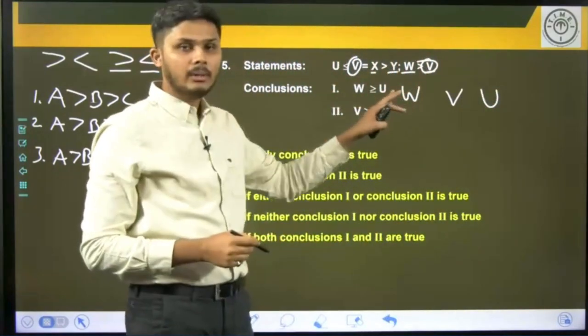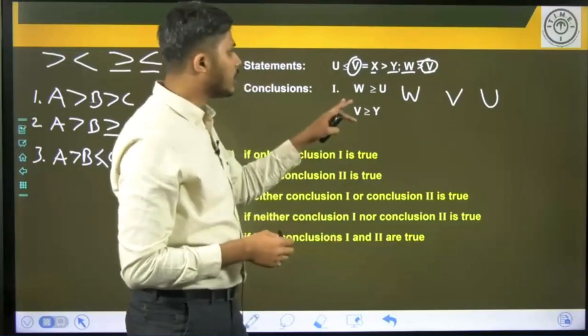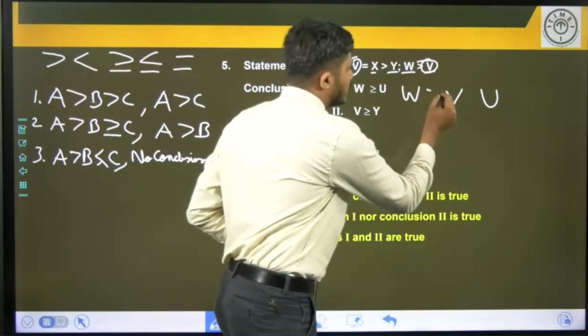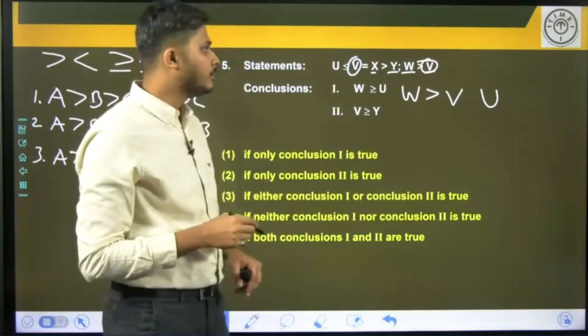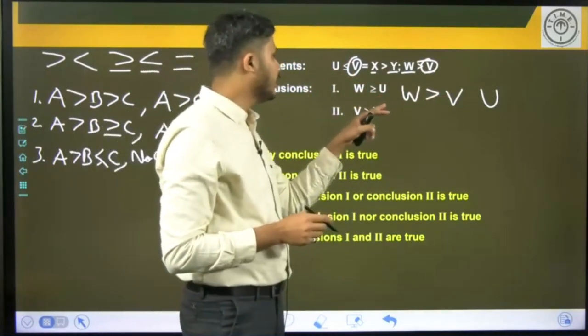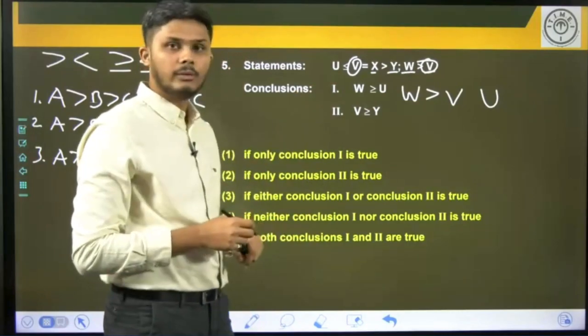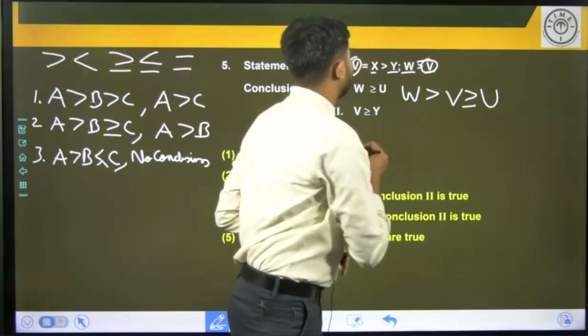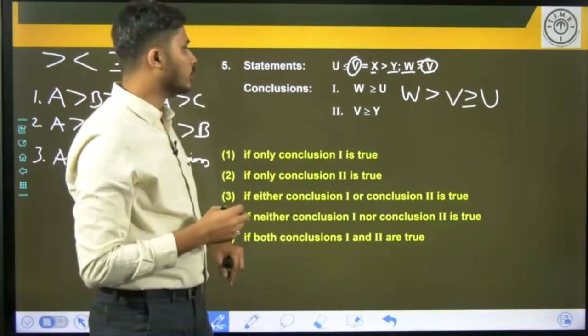Here V is the common term. So let us find out the relation between W and V. From the second statement you can say that W is greater than V, and the relation between V and U, here U is less than or equal to V, which is same as V greater than or equal to U.